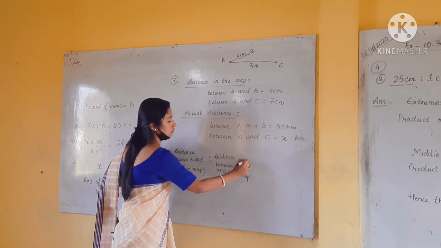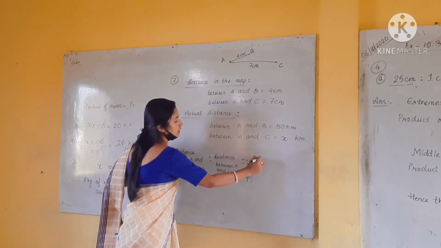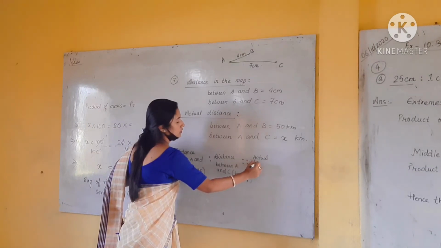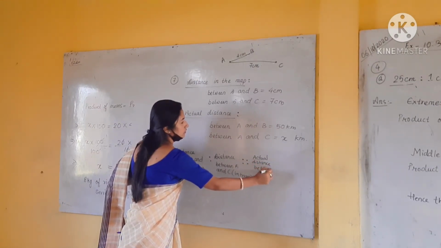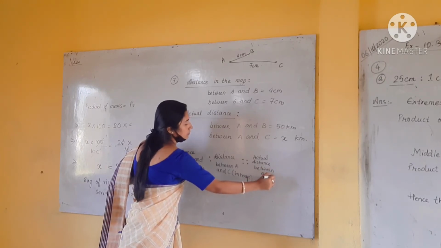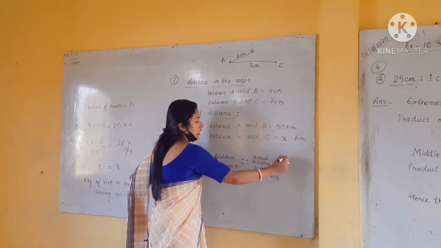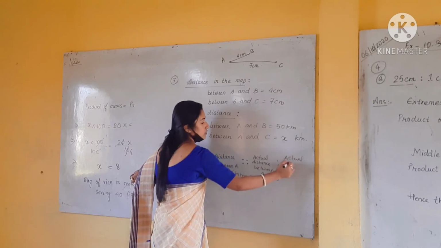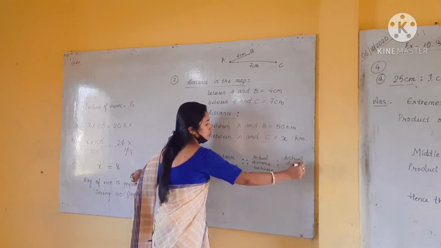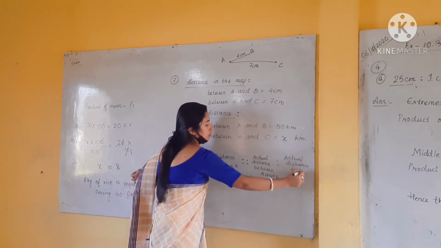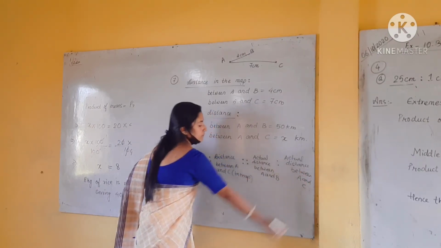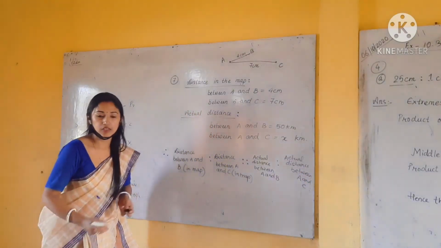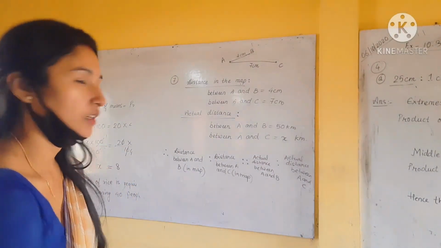Equal to actual distance between A and B, actual distance between A and C. So next we will put the values.